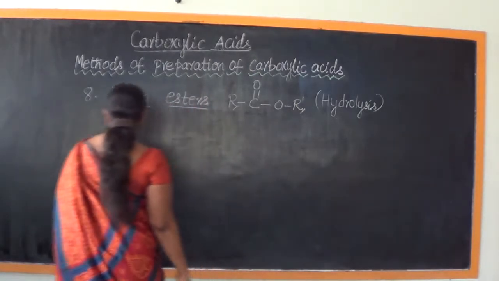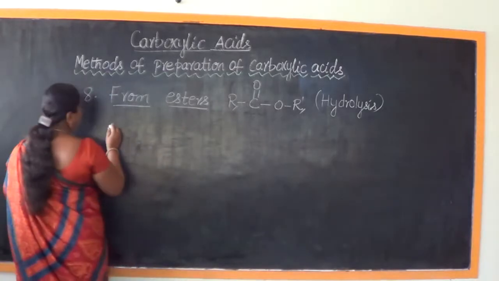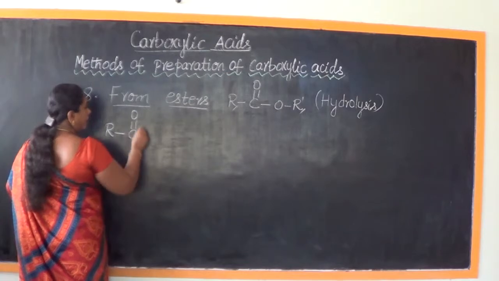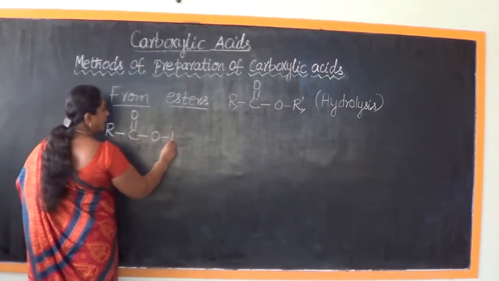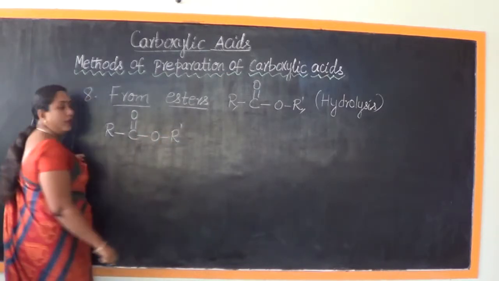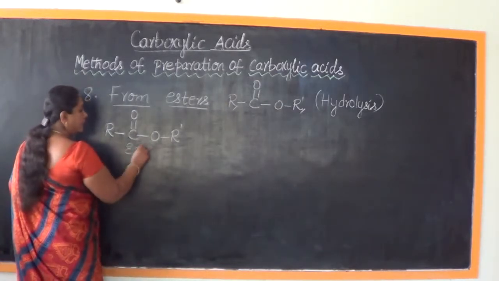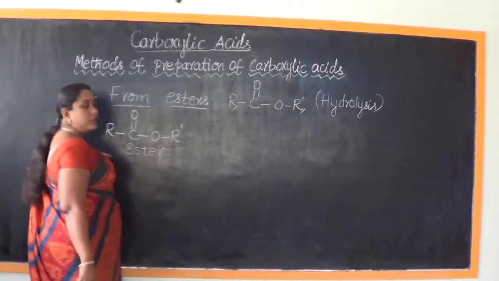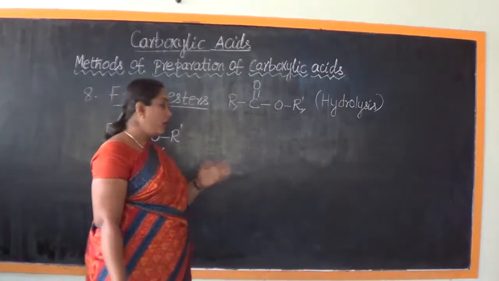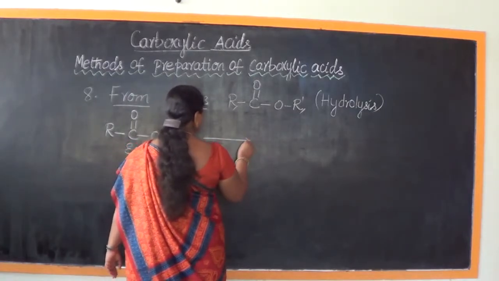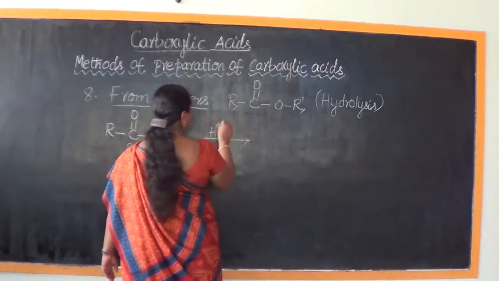Now, let us carry out the process. Let me say I am taking, for example, an unsymmetrical ester. Unsymmetrical ester is subjected to the process of hydrolysis. So, we are carrying out the process of acid hydrolysis.